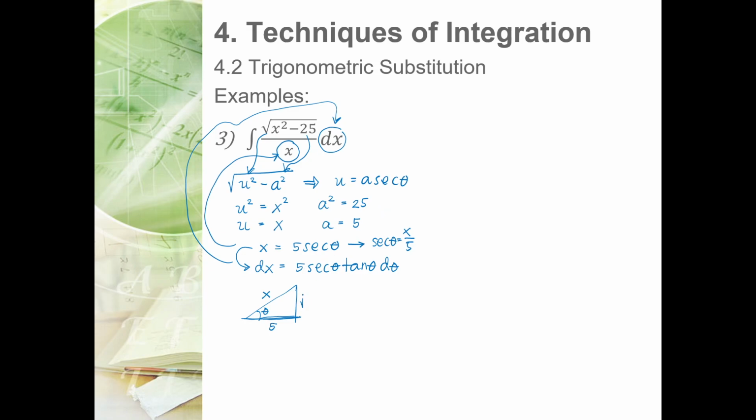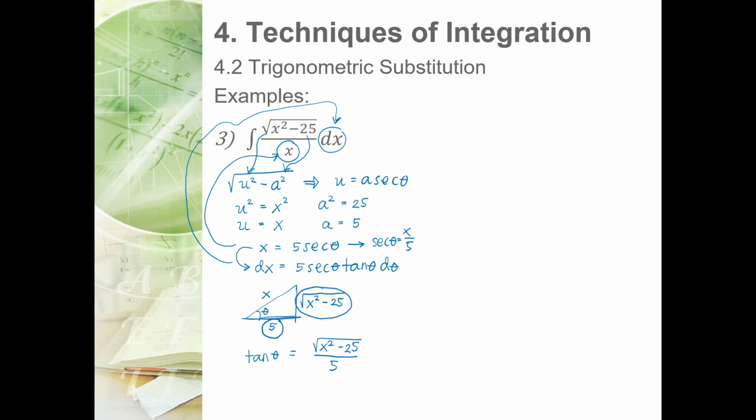Then getting the other side using the Pythagorean theorem, the hypotenuse squared minus one leg squared, which is 5 squared, that's x squared minus 25. So we pair up the radical expression with a constant and get its particular basic trigonometric function. As you can see, we can utilize the tangent function. So tangent theta is equal to the opposite side, which is the square root of x squared minus 25, all over 5.